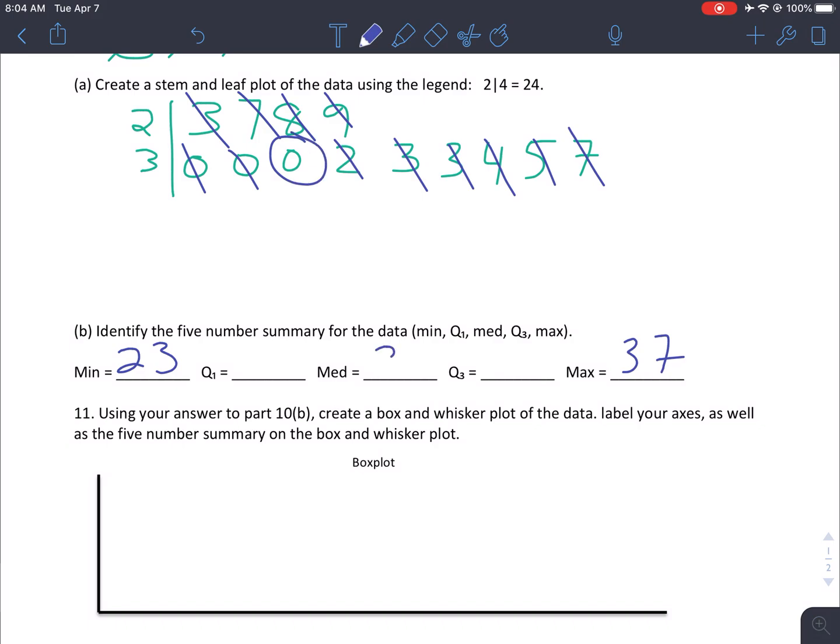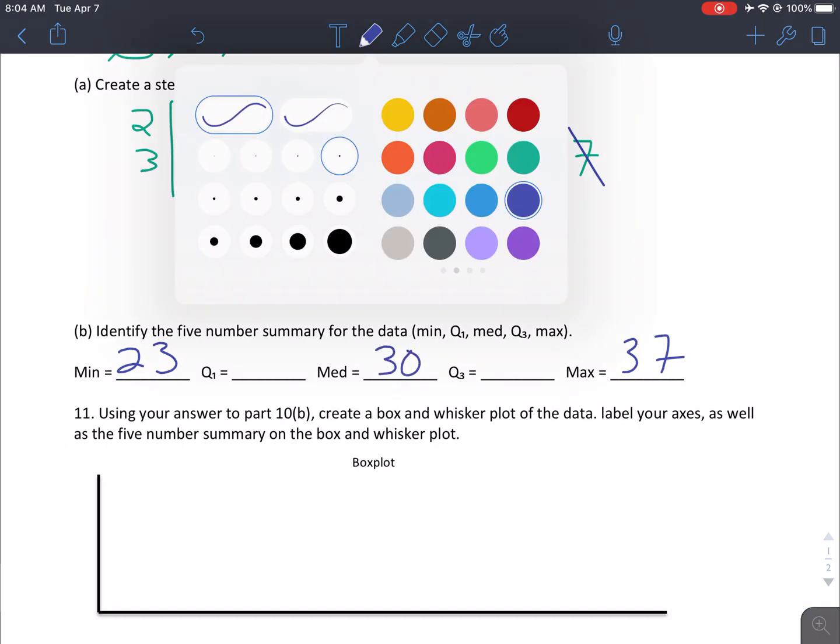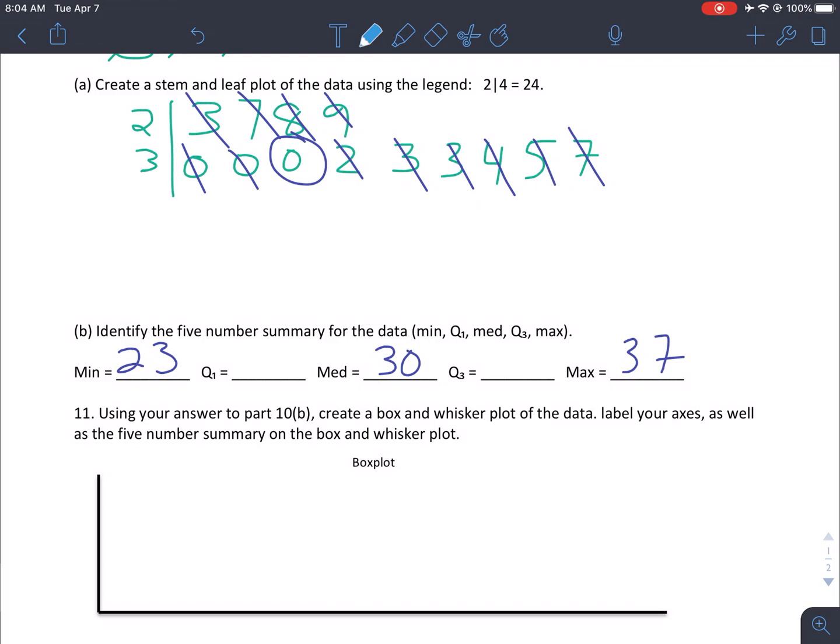The median is 30. And now I'm going to ignore that median and look above that to find Q3. Here's 2 numbers in the middle, so Q3 will be 33 plus 34 over 2.